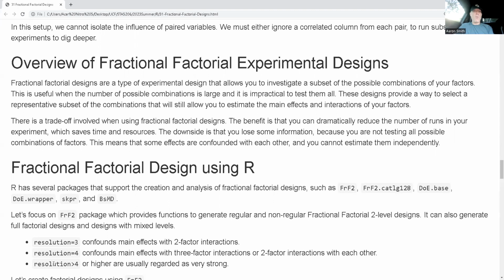What are the shortcomings of my design? Because if I just want to look it up and look at the help documentation, the FrF2 package does a pretty good job of explaining the different strengths and weaknesses of what you're doing.